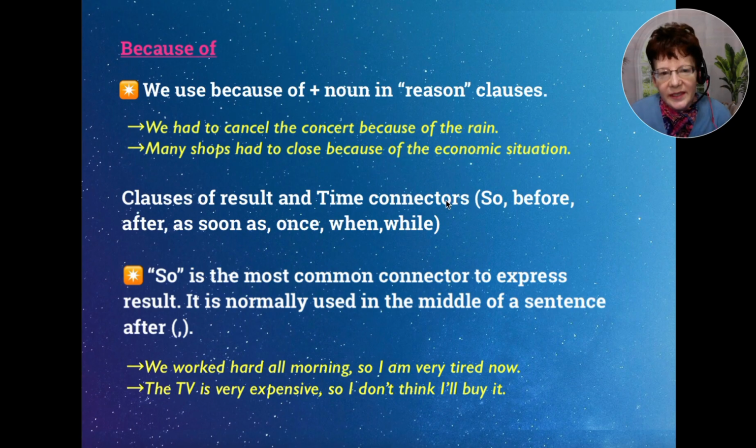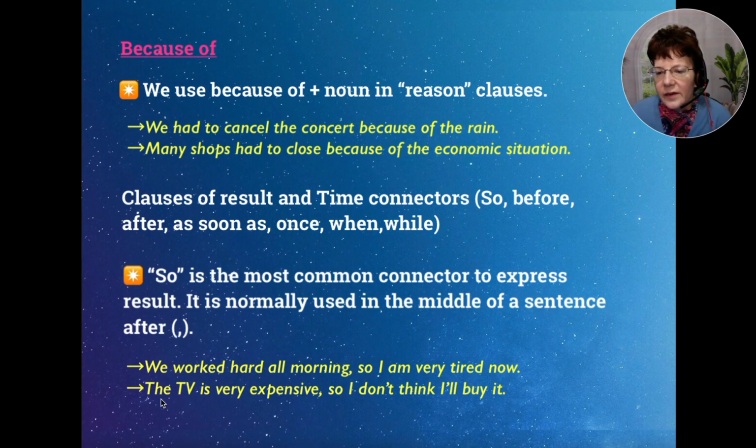All right, clauses of result and time connectors. We'll talk about this. For example, we have so, before, after, as soon as, once, when, and while. The word so is the most common connector to express result. It is normally used in the middle of a sentence after a comma. We see it here: we worked hard all morning, comma, so I'm very tired now.